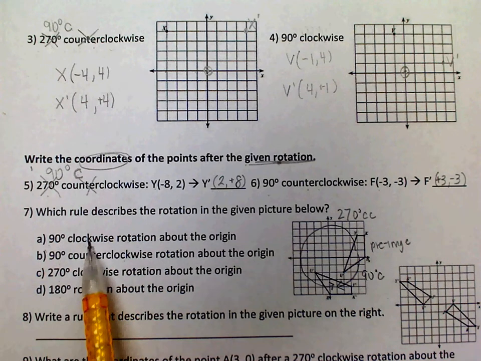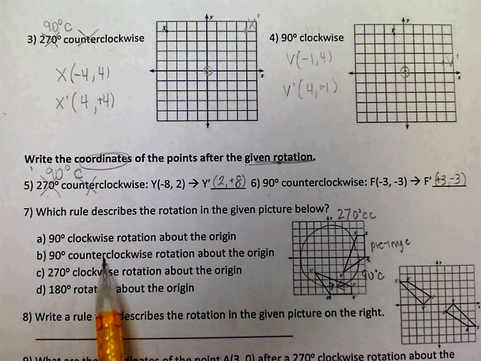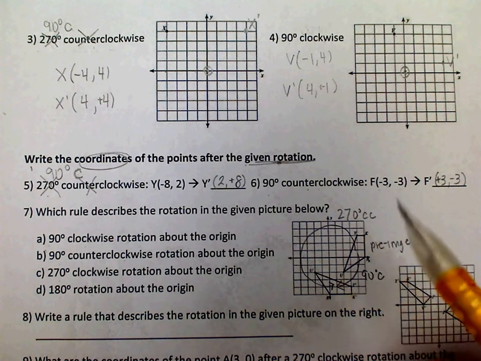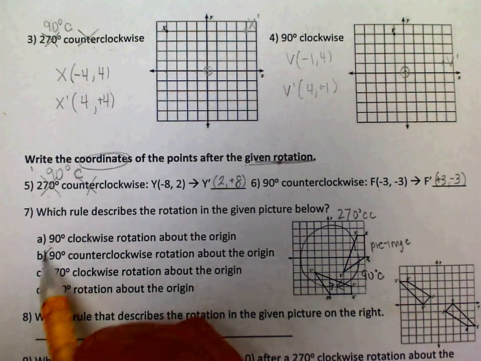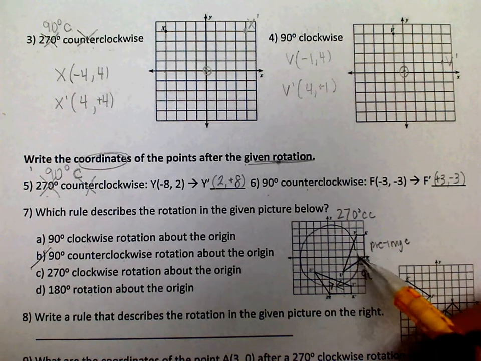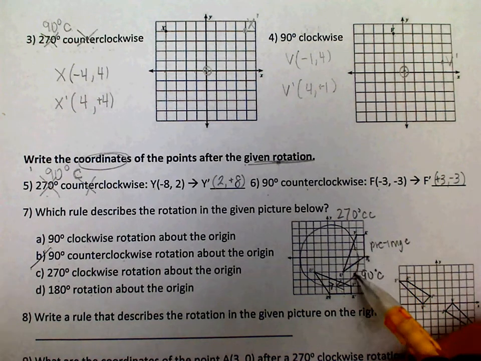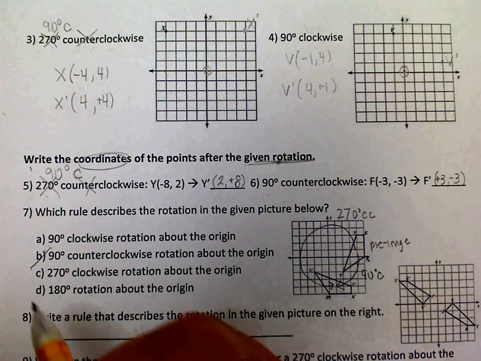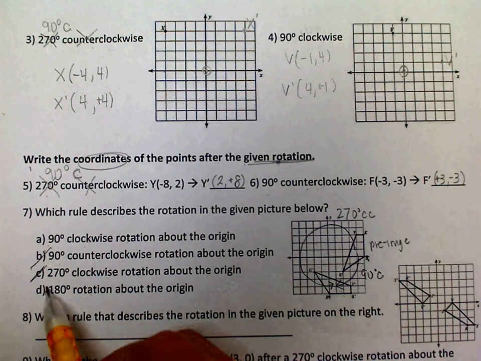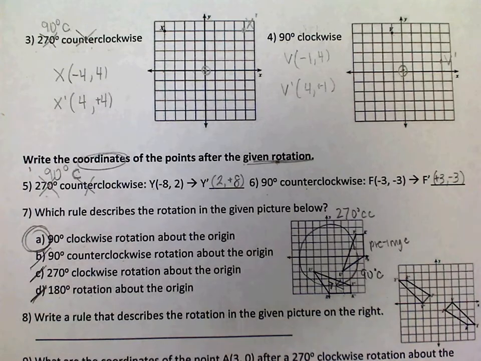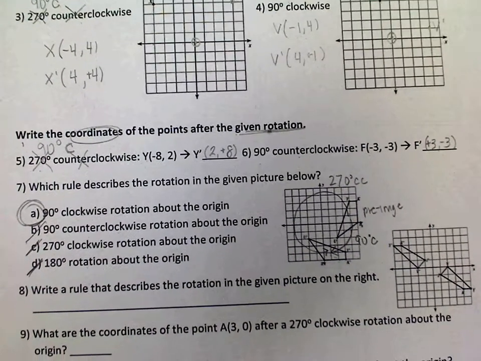Was it a 90 degrees counterclockwise? No. That would only be true if you thought this was the pre-image, which it is not. 270 clockwise? No, it only took 90 degrees to get there, so it's not this one. And it didn't go half circle around, so it has to be A. Number 7 is A.